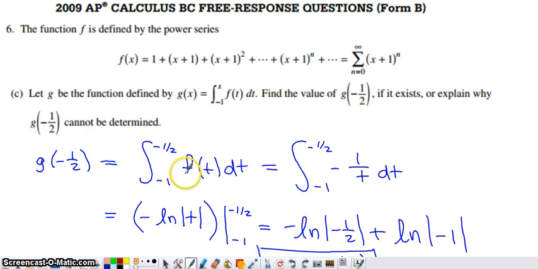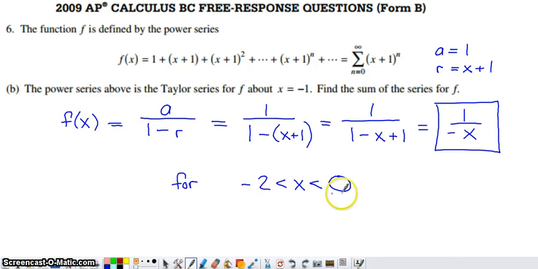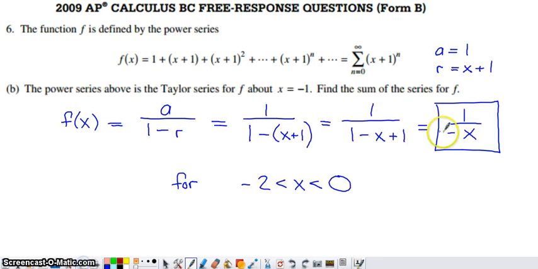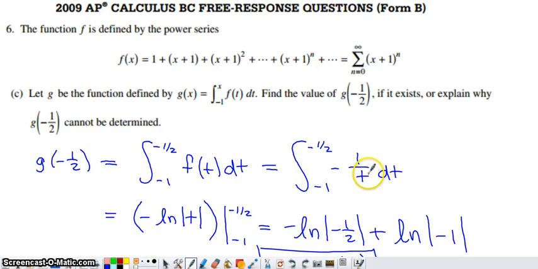Now, what I remembered from Part B was what function f actually was. Because this interval, negative 1 to negative 1/2, is enclosed within the interval of convergence, rather than using the series for f, since the series converges to the function from Part B, negative 1 over x, what we can do is re-represent f of t with what it converges to, because we are within the interval of convergence of the power series.